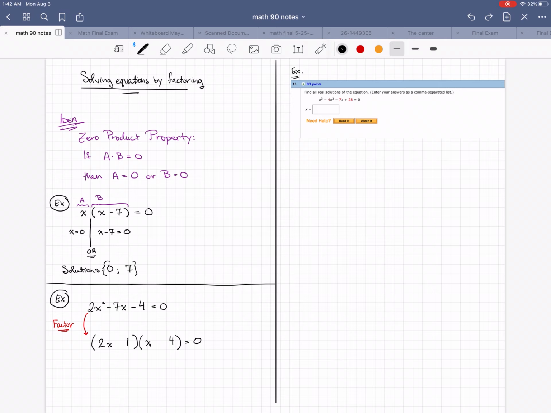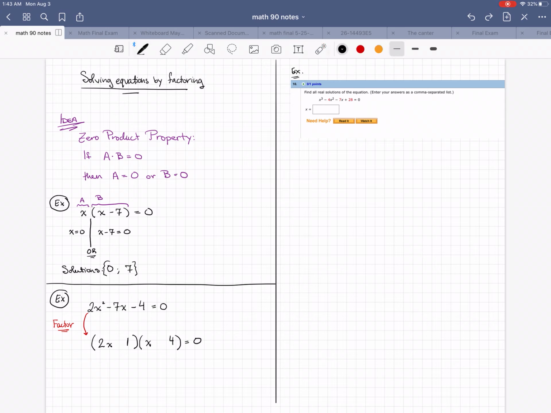Either the 4 or the 1 has to be negative because they have to multiply to -4 in the end. But which one? Well, remember, and I've said this before, the -7x gets the last laugh. That's what really gets the deciding vote. So you're trying to create a -7x.